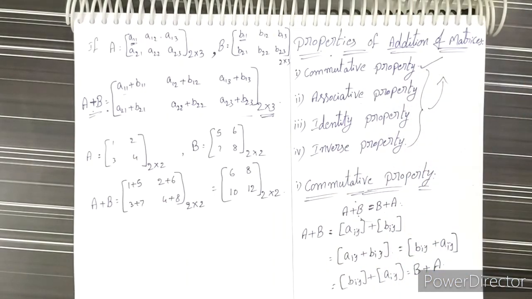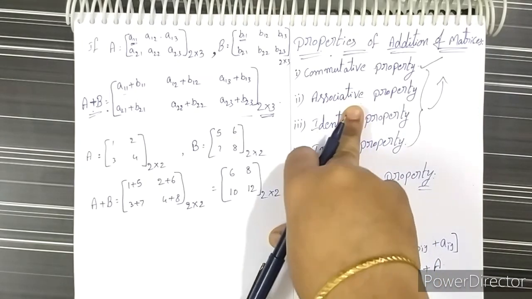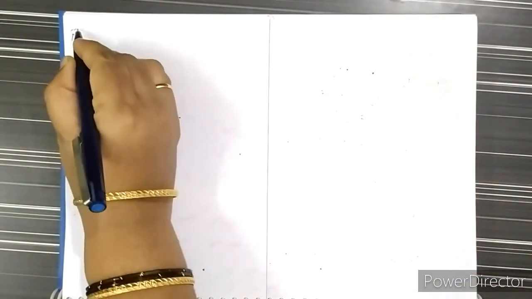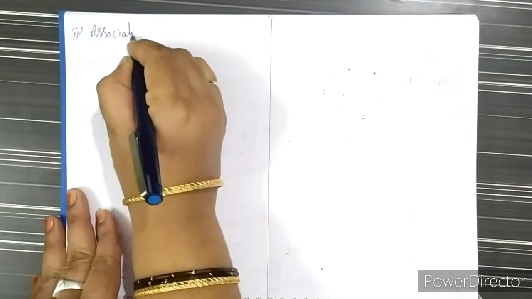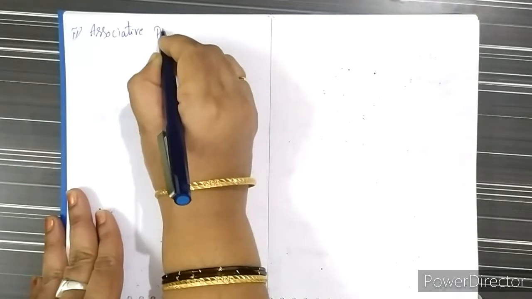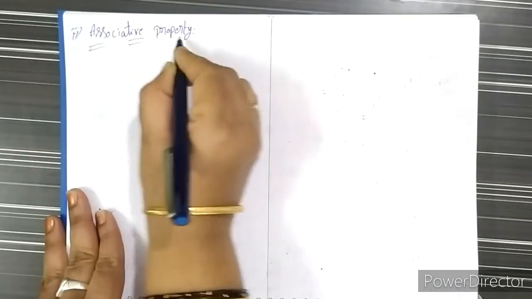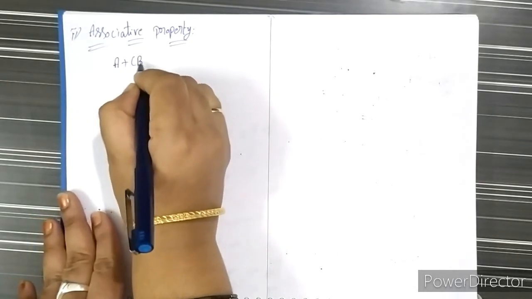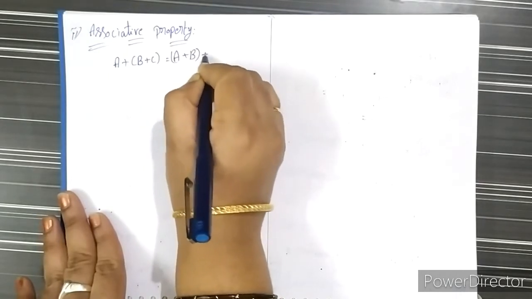Next, we will check out the associative property. Associative property is the same way. Next, second property is associative property. Associative property means A plus B plus C is equal to A plus B plus C, grouped differently.